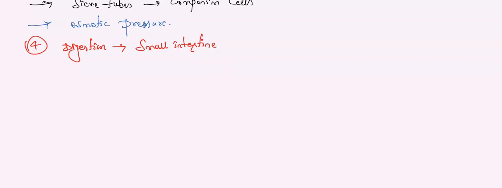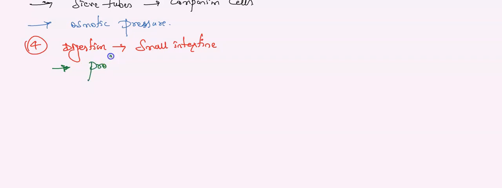Now we have to explain this complete process, how it happens. Understood? Take down the steps. Step number 1. Small intestine is the site of complete digestion. Which products are getting digested?